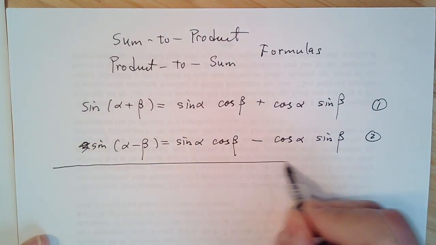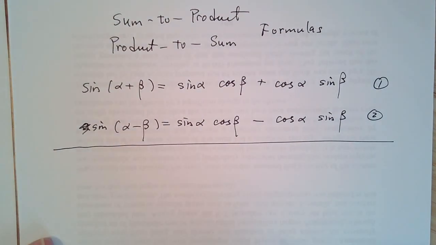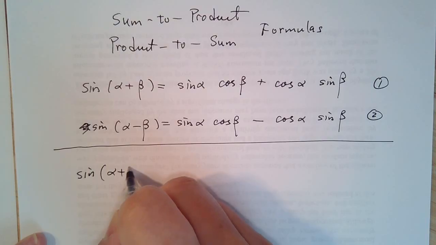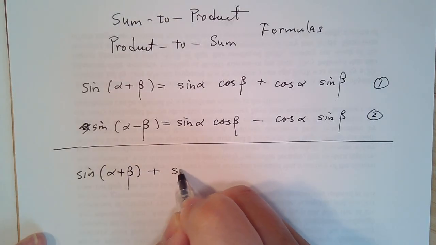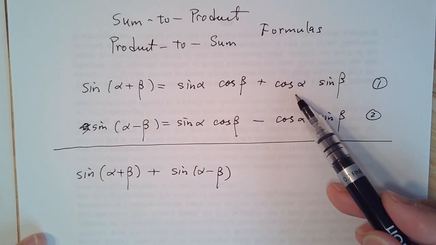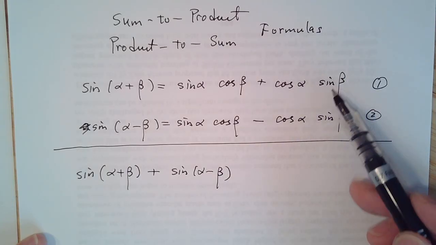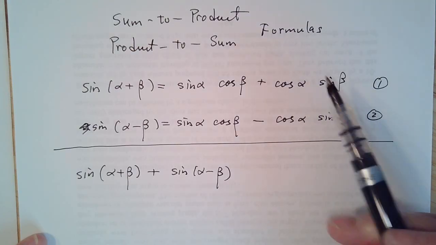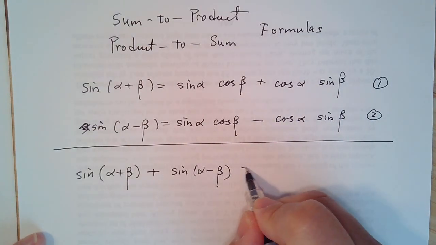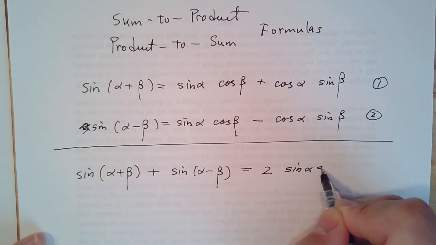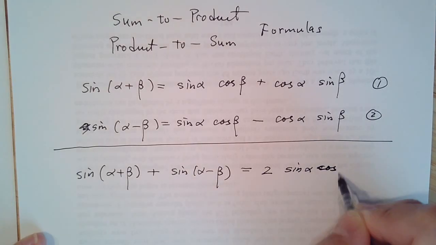If I add these two together, I will have sine alpha plus beta plus sine alpha minus beta. Did you notice the second term on the right side, they are pretty much the same, just have opposite signs? So when you add up, they're gone, and the first terms are the same. So that becomes 2 sine alpha cosine beta.